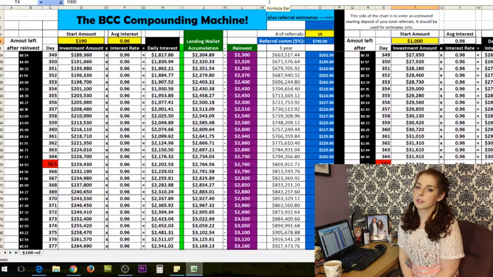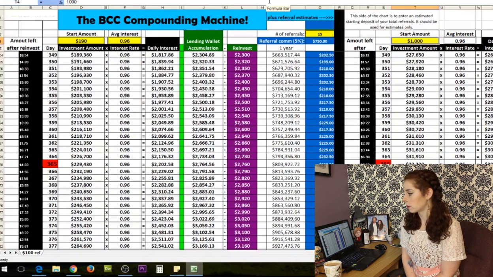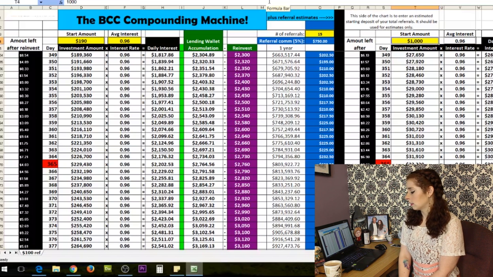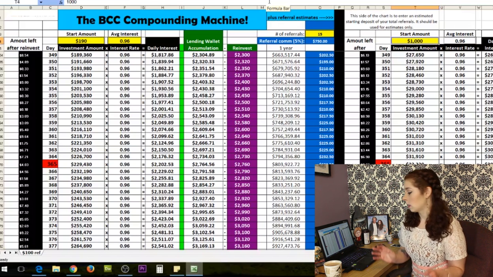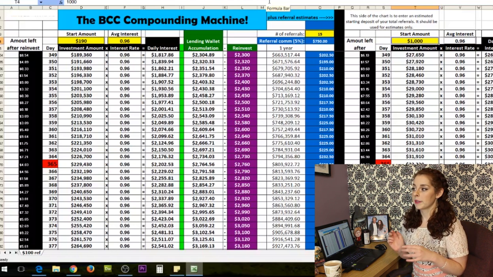Okay, all seriousness, I don't expect to have 1,000 referrals. It's fun to dream, but let's be realistic here. The whole point of this spreadsheet is that it shows what you can realistically expect with even just a few referrals.